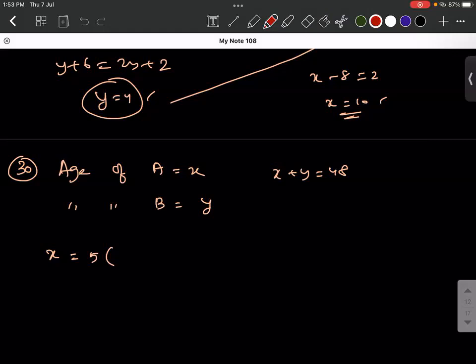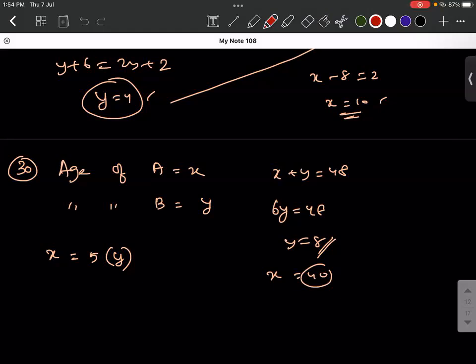So 5 times... that should be the option. But no option, no 40 and 8.